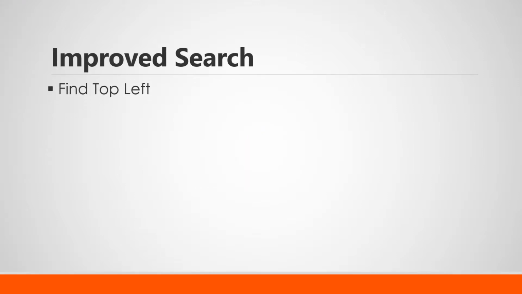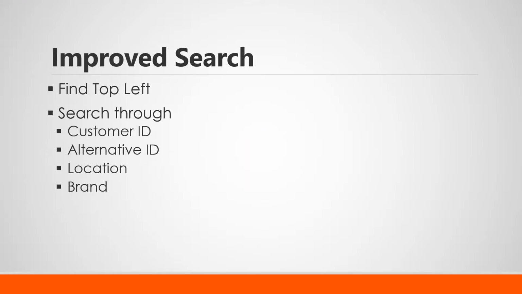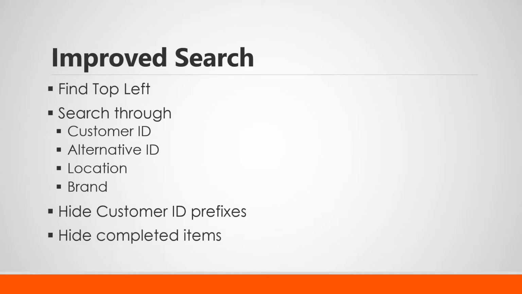Moving on to search, we've created a find topmost and a find leftmost feature. You're now able to search through alternate IDs, location, and brand automatically along with customer IDs. There's, of course, the old hide customer ID prefixes feature. This has been around since version 3.4, but we're continuously working on improving that.